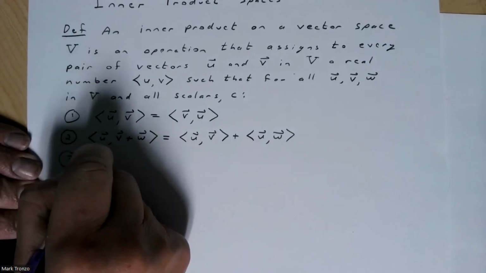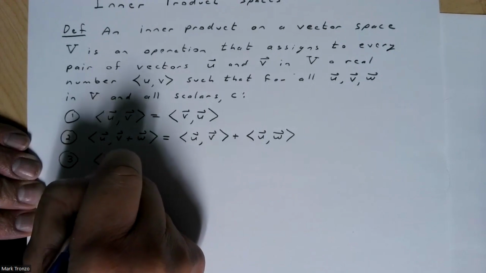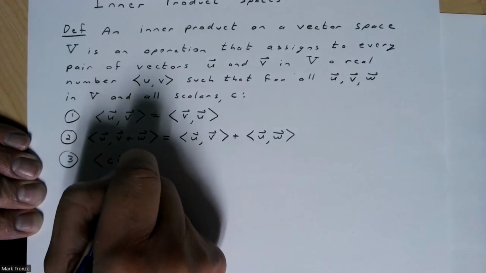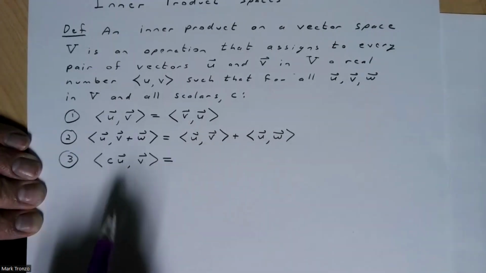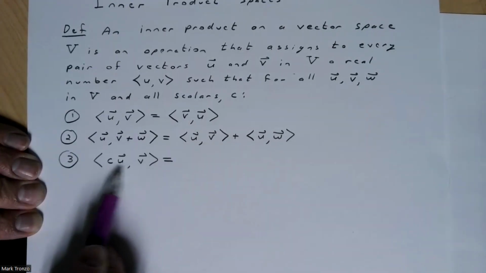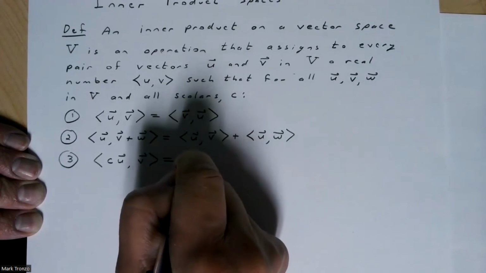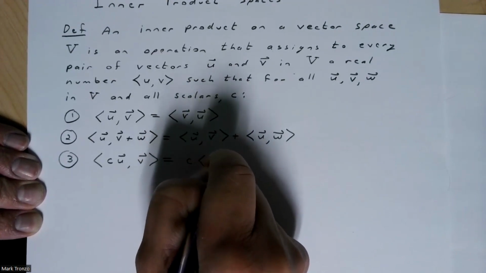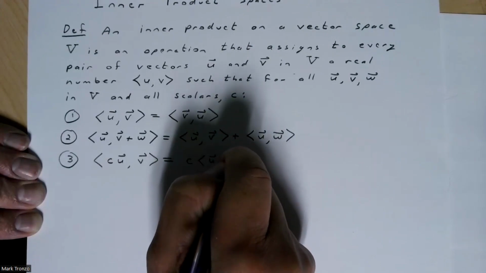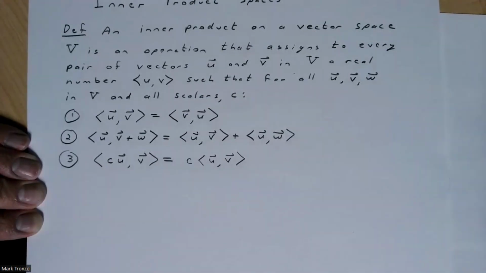And third, if you multiply a scalar times a vector, this first vector, it's the same as multiplying the whole inner product by that scalar.